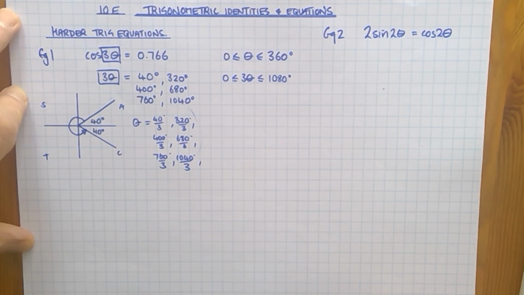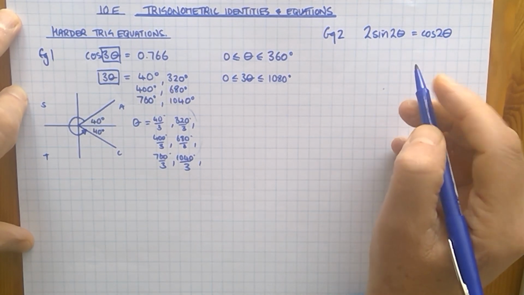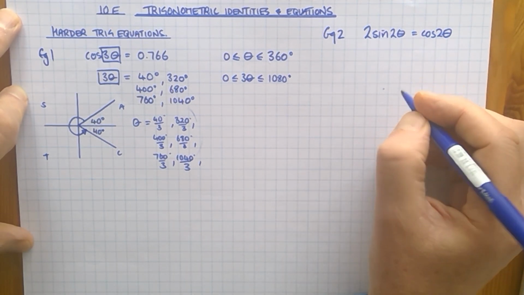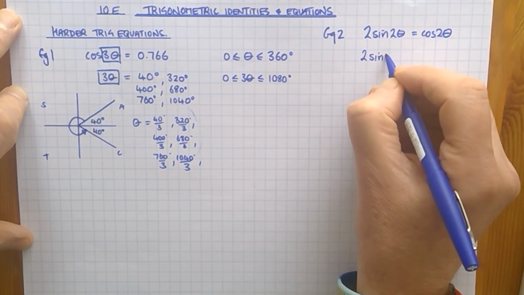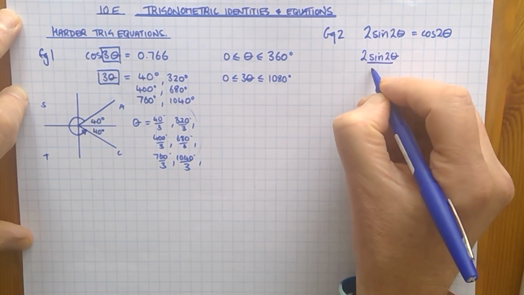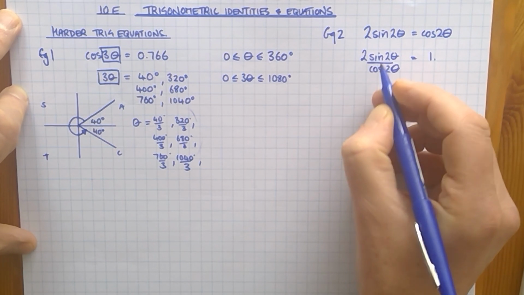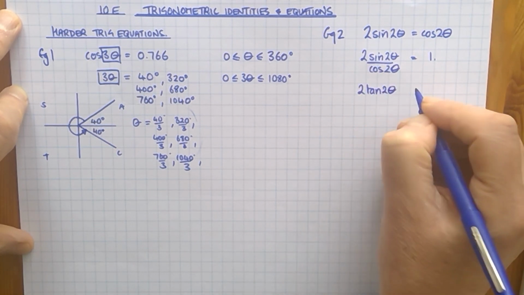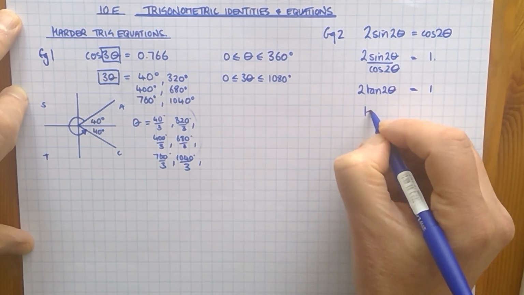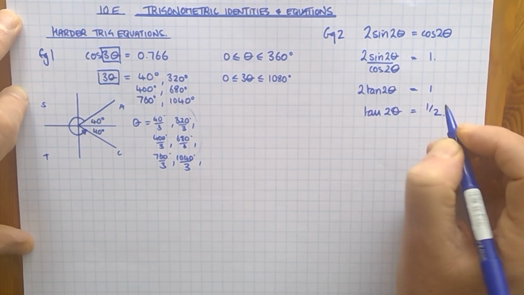If you remember back to an earlier session in this chapter, sine divided by cos is tan. So if I divide both sides by cos 2 theta, I get 2 sine 2 theta divided by cos 2 theta equals 1. Sine over cos is tan, so 2 tan 2 theta equals 1, and tan 2 theta is therefore a half.